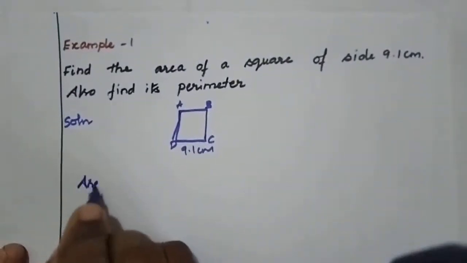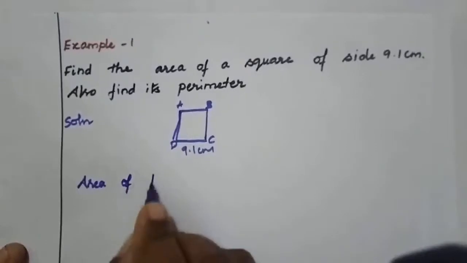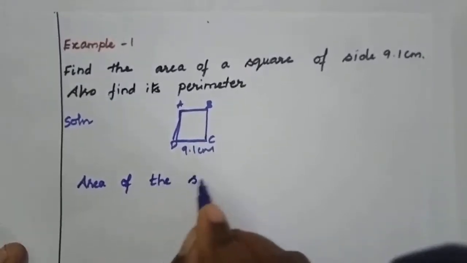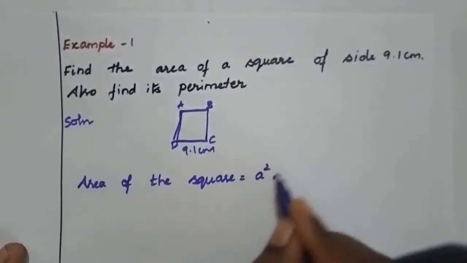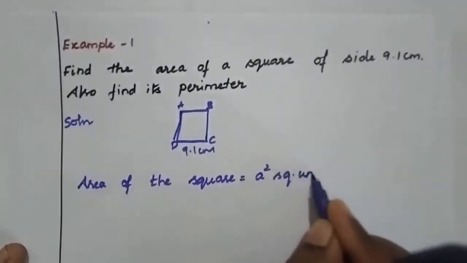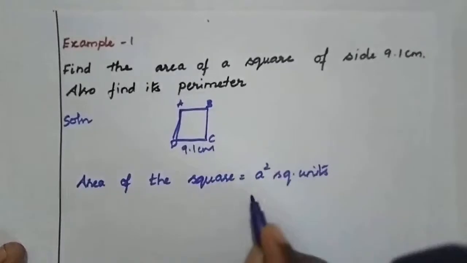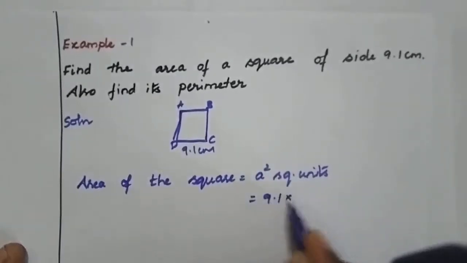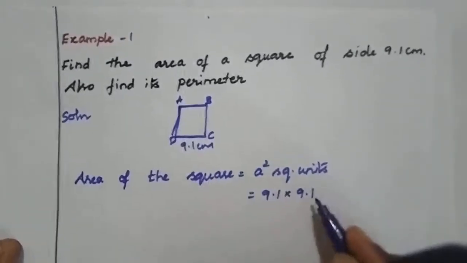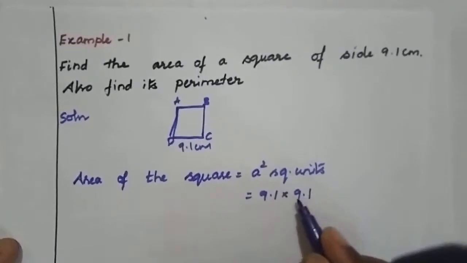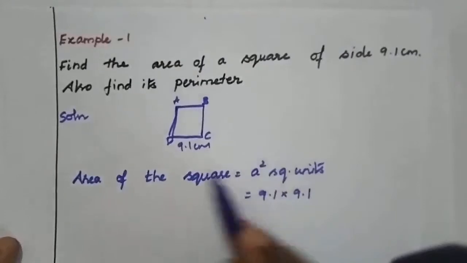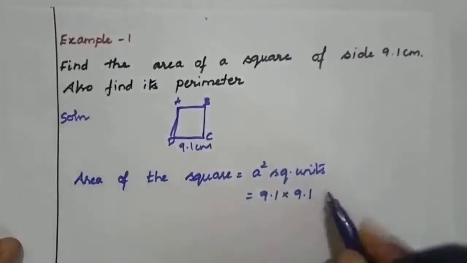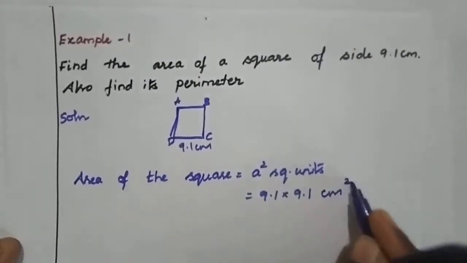So what's the formula for area of the square? Yes, area of the square is equal to A square units. Now substitute the value of A here, 9.1 into 9.1, or you can write it as 9.1 the whole square. Both are correct. What's the unit here? The unit is centimeter, so you have to write it as centimeter square.